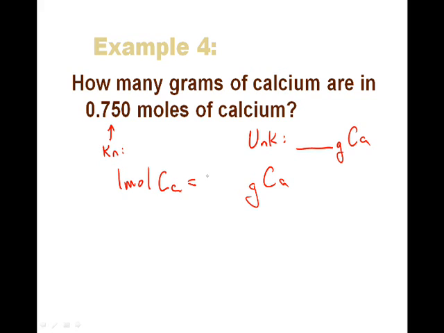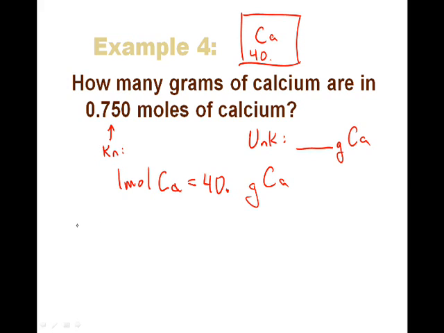But you're going to go to your periodic table and look up calcium, Ca, and you're going to find 40 point something. You'd think I would have a periodic table handy here, wouldn't you? I want to say it's 40.0. Not sure. You're going to want to check on that, but we're going to use 40 grams for this problem. If I'm wrong, I'll just have to record the whole thing over again, won't I?